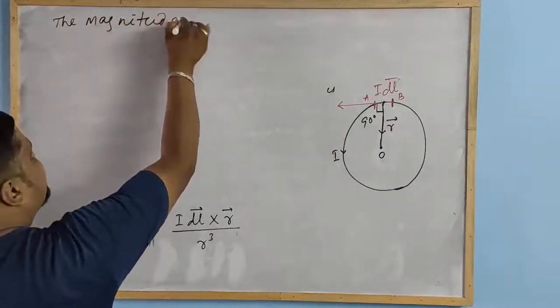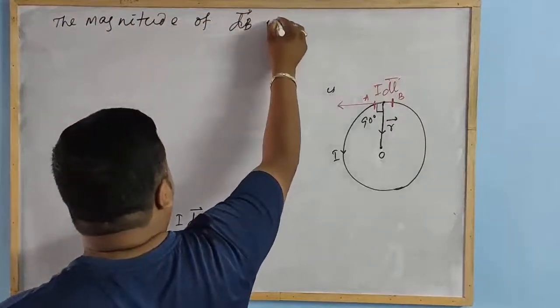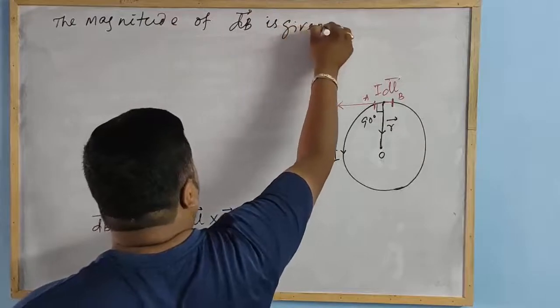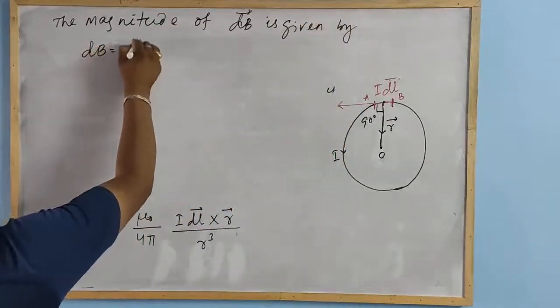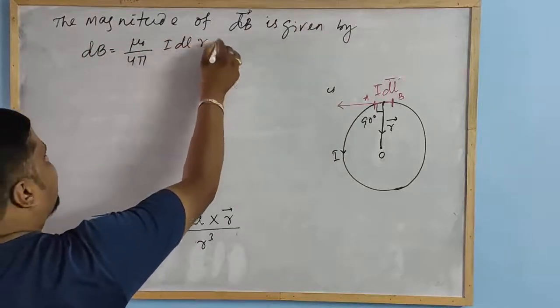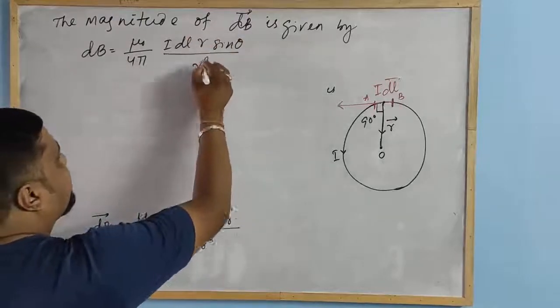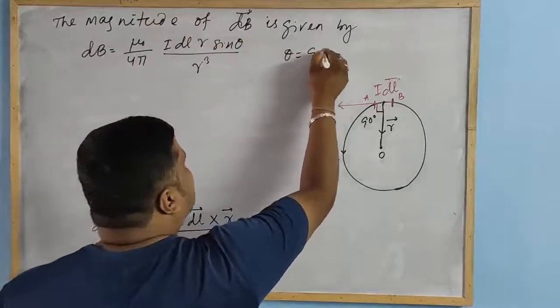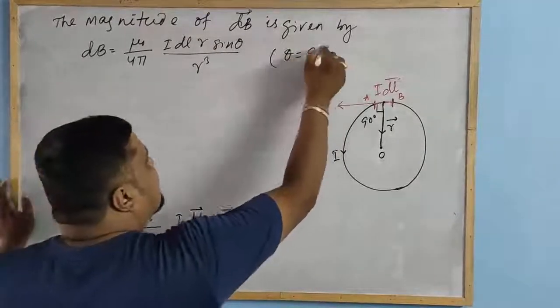The magnitude of dB is given by dB equals mu naught by 4 pi, I dl r sin theta divided by r cube. What is theta here? That is 90. Then sin 90 is 1.